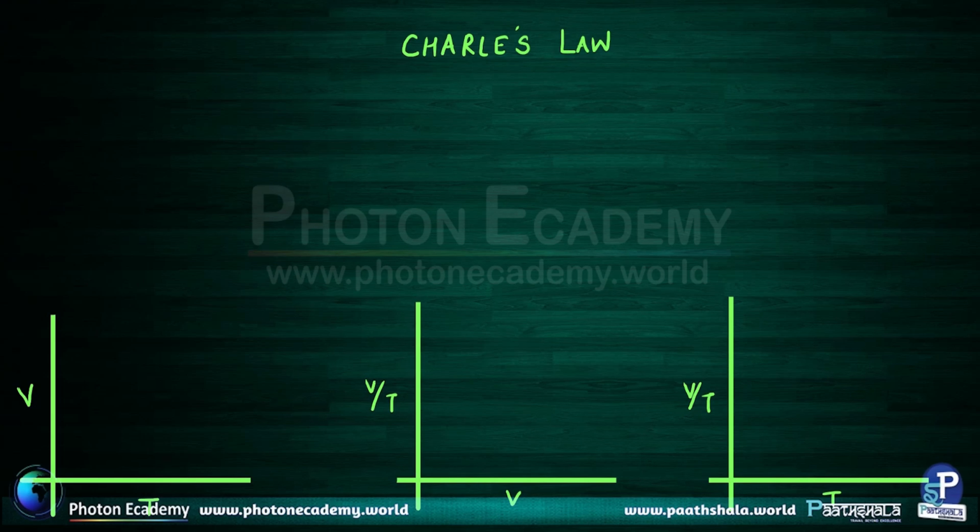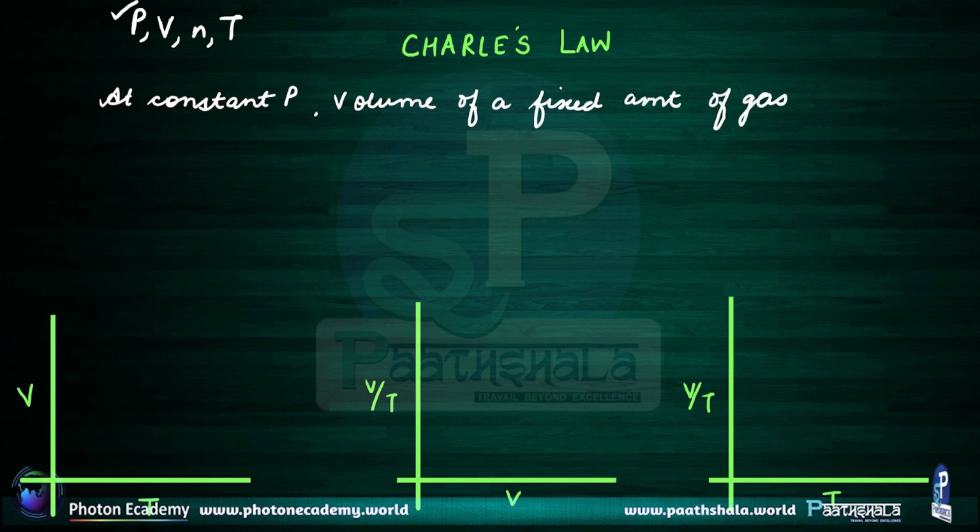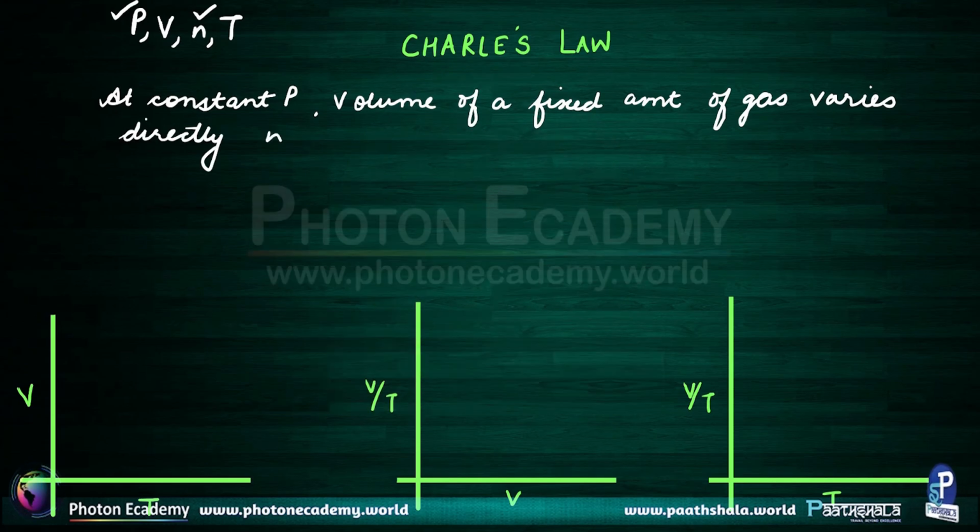Now we have the next law, which is Charles' law. Charles' law says that at constant pressure, now out of the parameters, pressure is the first one which we've kept as constant, the volume of a fixed amount of gas, now we have fixed the amount as well, varies directly with temperature.